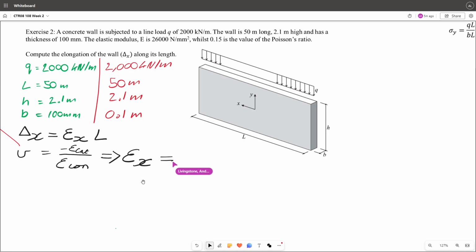Well, before I do that, let's do this first of all. Ratio. Okay, cool. We do have Poisson's ratio as well. Got to write that down.